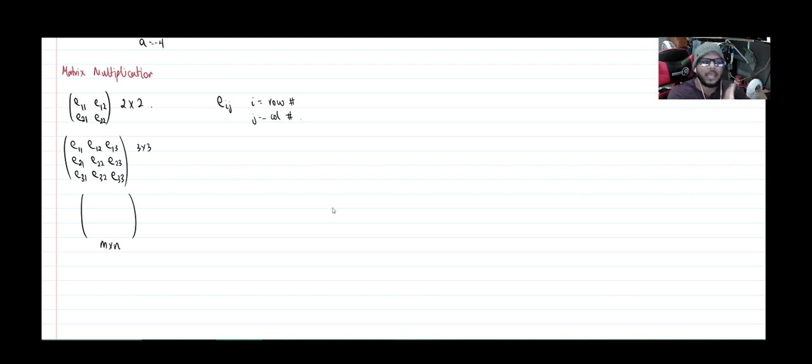M and n are any numbers, multiplied by another matrix, and let's say this matrix has a size p by q, where p and q are any two numbers. The only time we are allowed to multiply is if n is equal to p. So if n is equal to p, then matrix multiplication is possible.